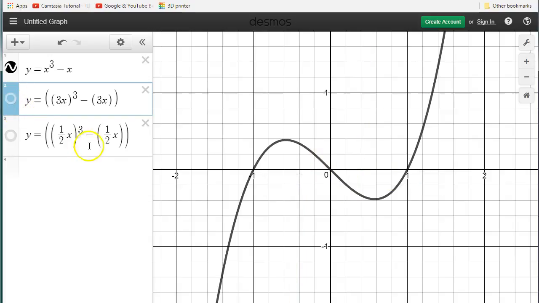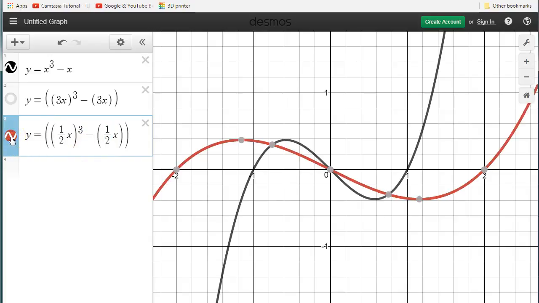Now, what happens when we have a scalar between 0 and 1 inside the parentheses? Well, that's what we do to stretch it horizontally. So it doesn't stretch vertically at all, it's just pulled out to the side here.